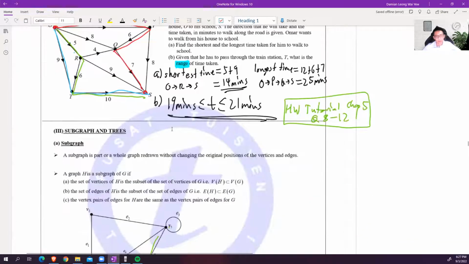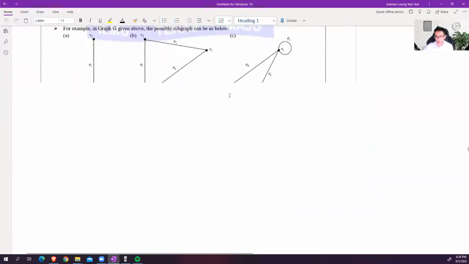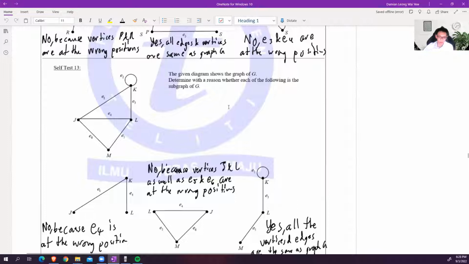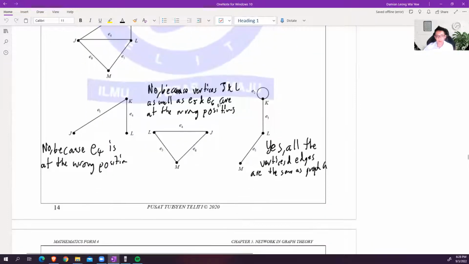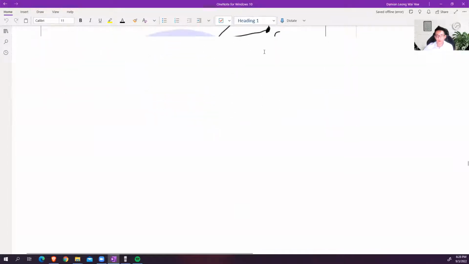Then subgraph and trees. Subgraph, not likely for them to really ask. But trees, I would say trees is a good question to ask. So yeah, make sure you know what are trees. Basically, trees cannot have any loop. Okay.